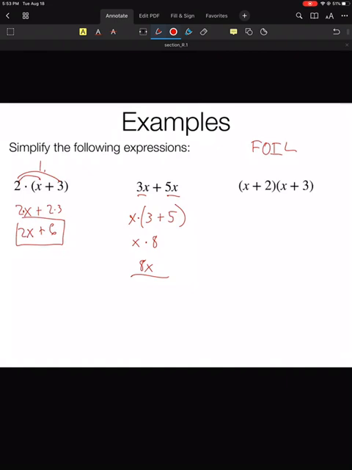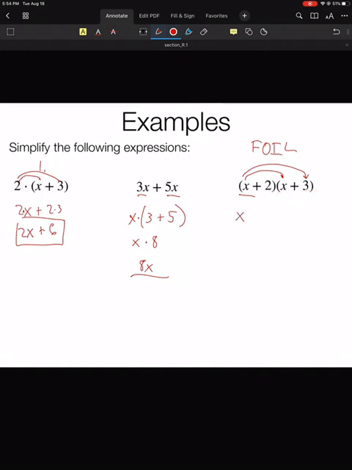So, to simplify this, I'm going to distribute the x to both the first and second terms inside the second parentheses.